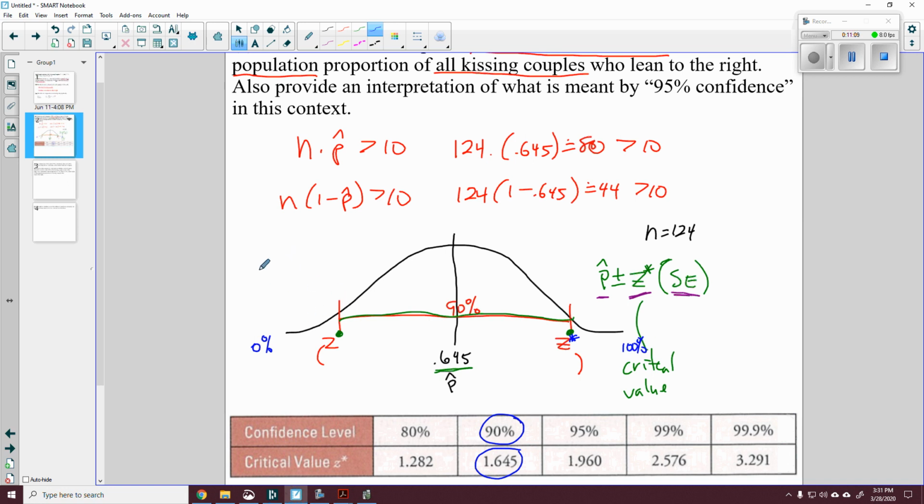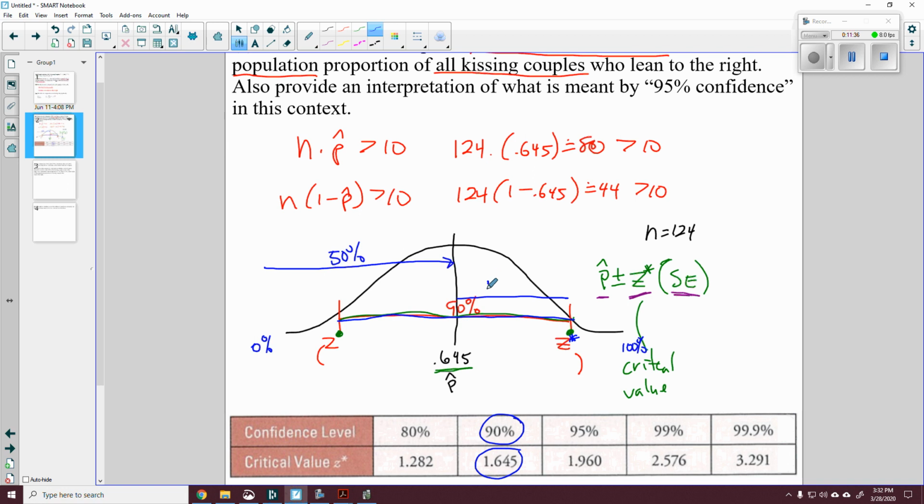So I know that from here to right in the middle is 50%, and I know that from the middle to over here where I want to get is half of 90%, because 90% is the confidence interval I'm looking for, and it stretches all this way.